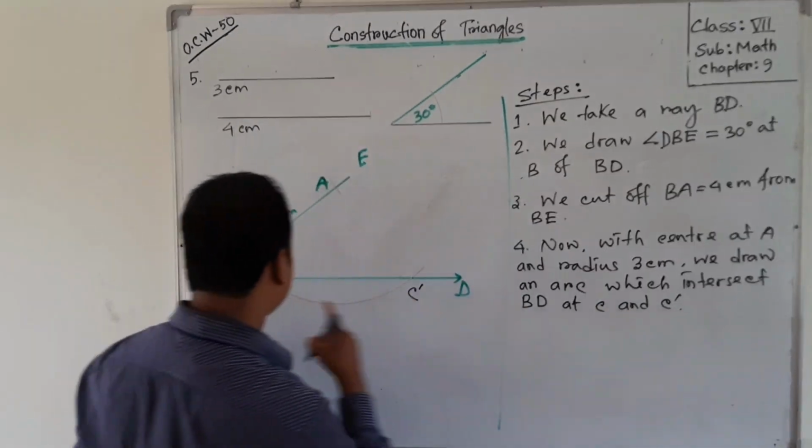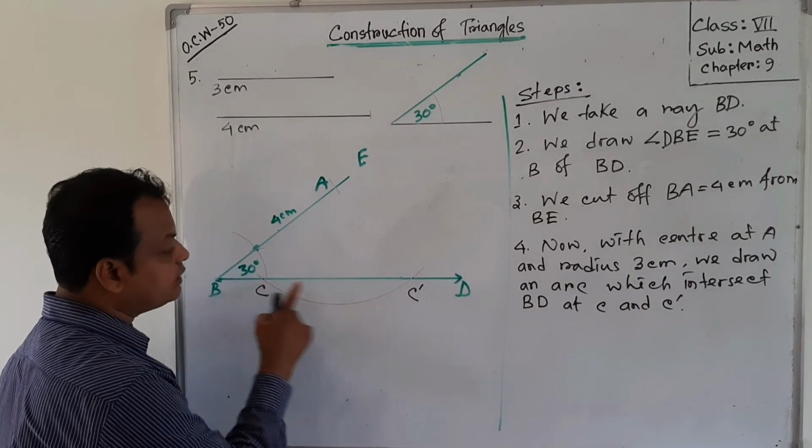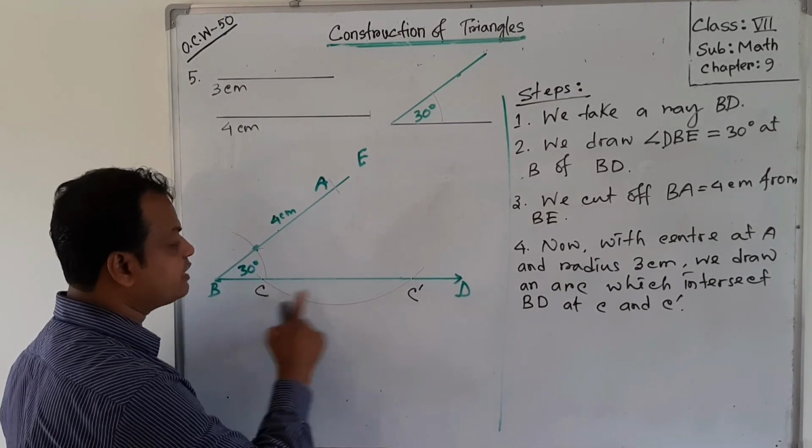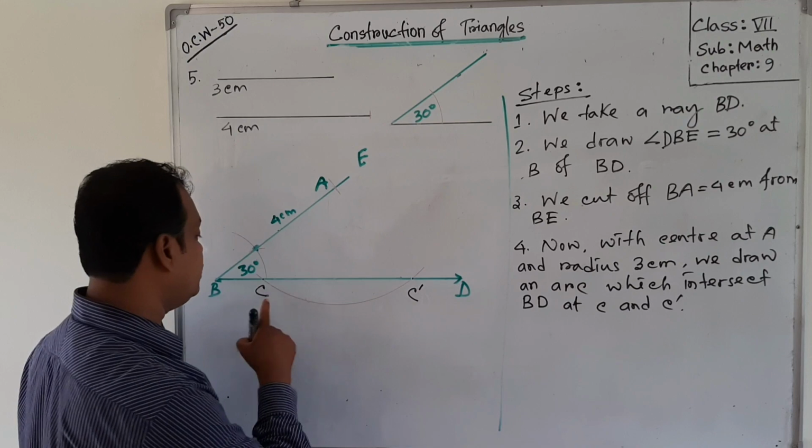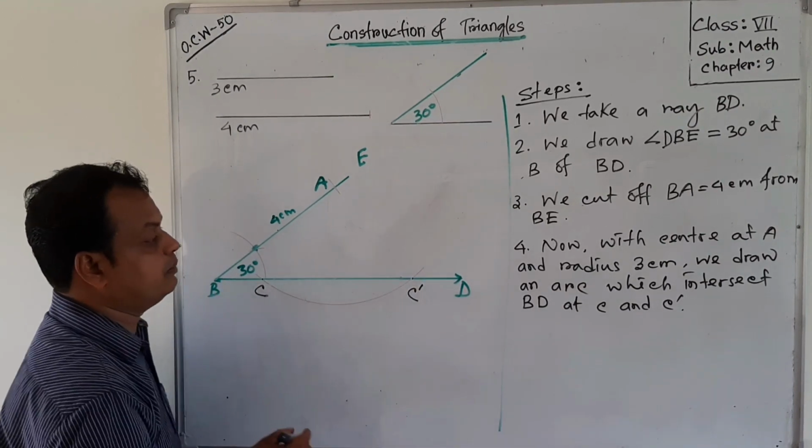We want to give two names. If we write C for both, then these 2 points will be the same, so make it different. One is C, another one is C prime.